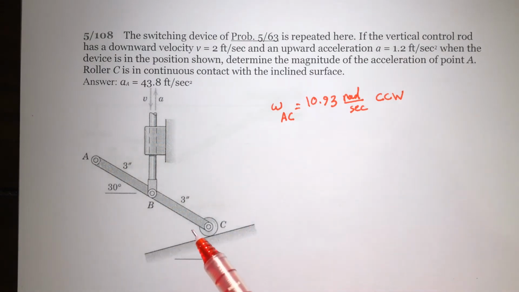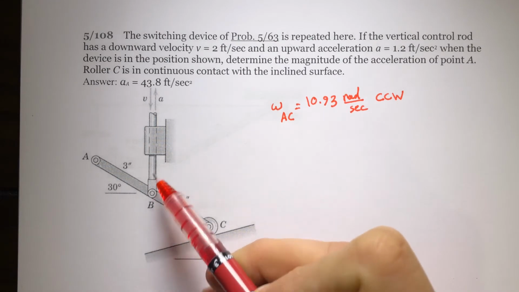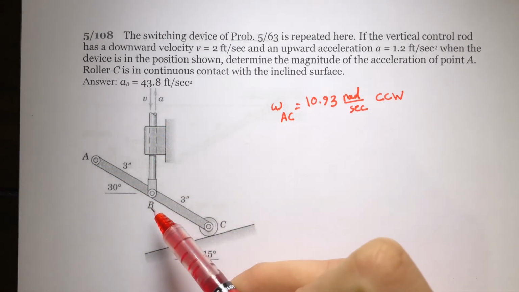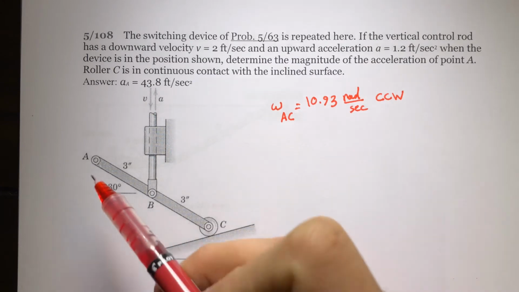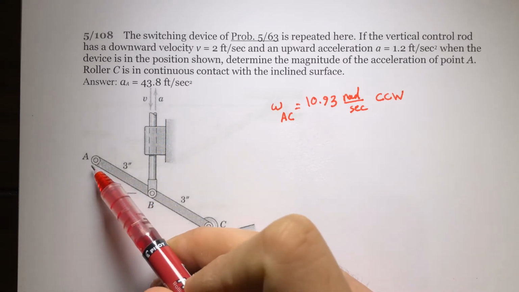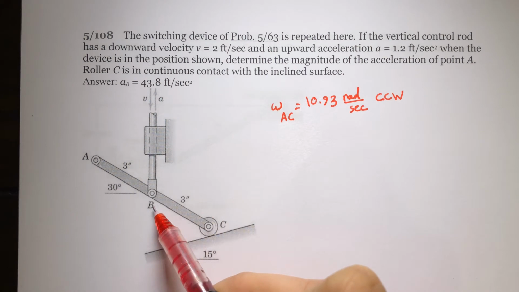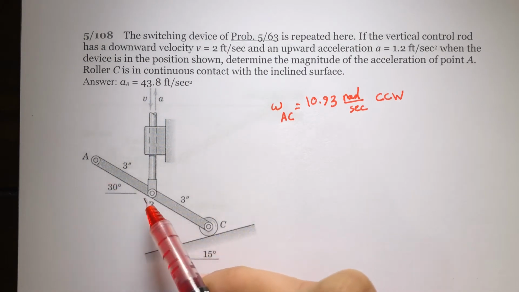First, look at the problem and see what information we have about this mechanism. So about point B, we know the velocity of it and also the acceleration of it. It is given, right? To find the acceleration of A, naturally you may think about writing the relative acceleration equation between A and B. But if you write down that equation, you are going to have three unknowns in that equation.